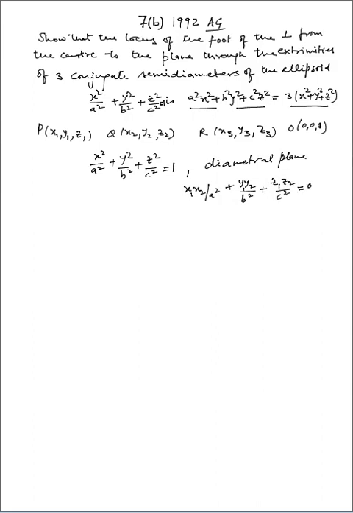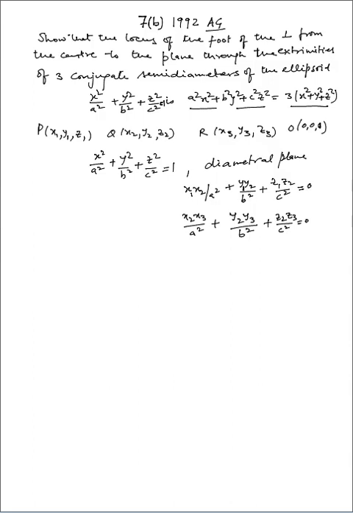And similarly x2 x3 upon a square plus y2 y3 upon b square plus z2 z3 upon c square is equal to 0. And the third one will be x3 x1 upon a square plus y3 y1 upon b square plus z3 z1 upon c square is equal to 0.